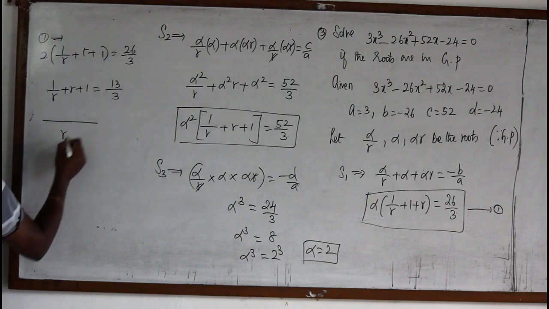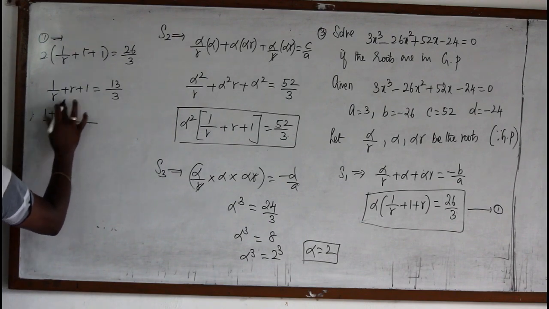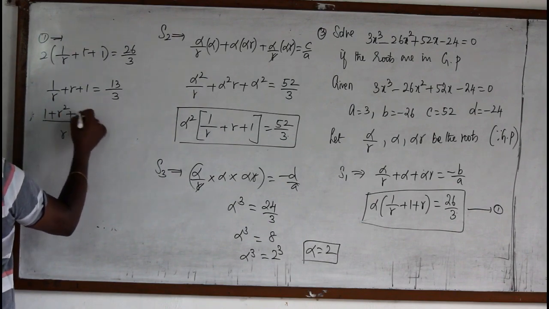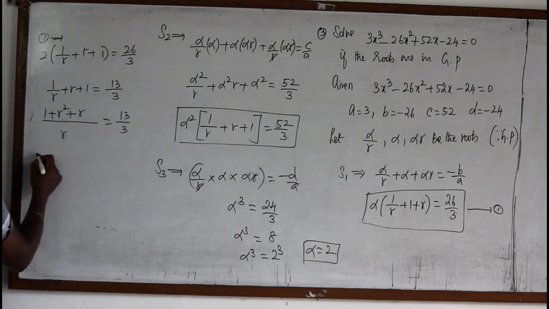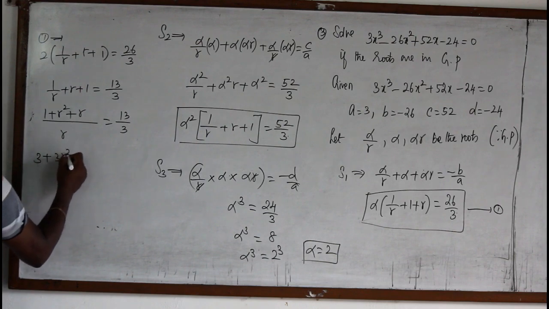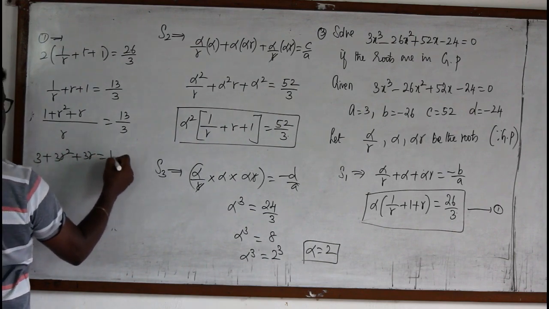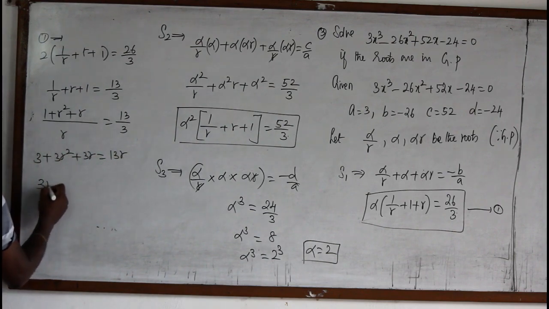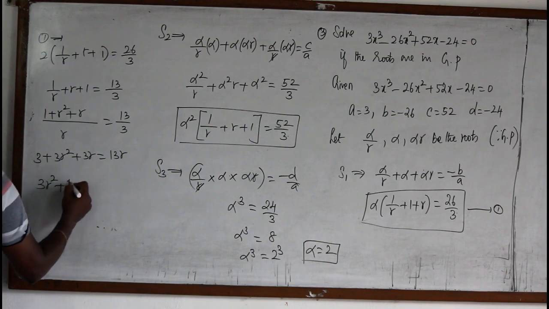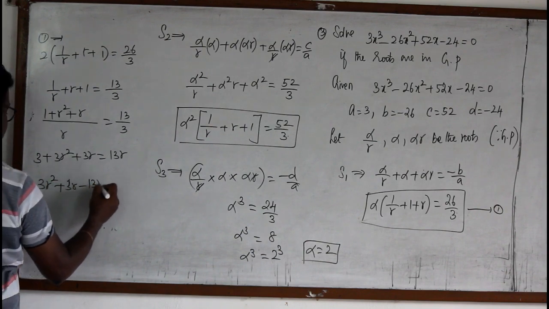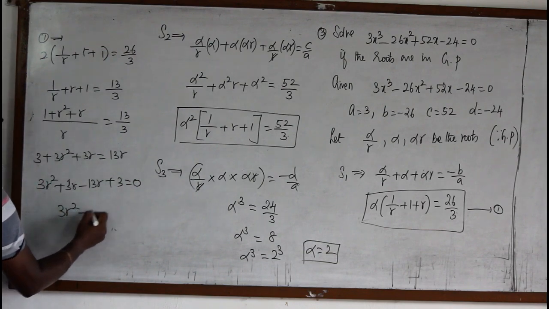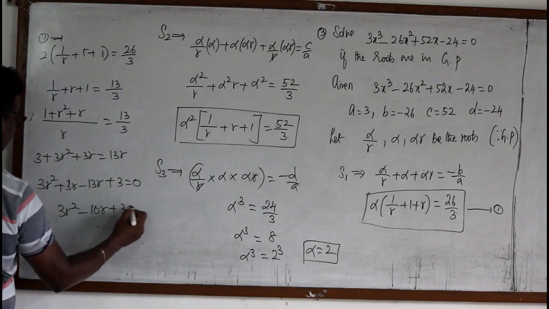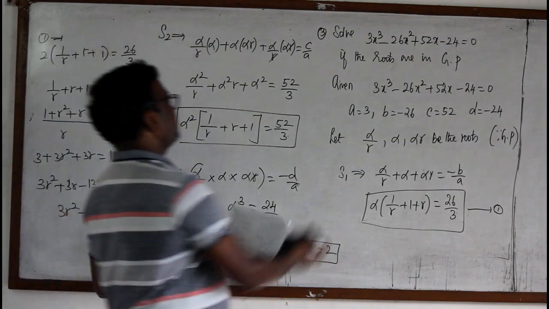Take LCM as r: 1 plus r square plus r equal to 13 by 3. Cross multiplying: 3 plus 3r square plus 3r equal to 13r. It is 3r square plus 3r minus 13r plus 3 equal to 0. It is 3r square minus 10r plus 3 equal to 0.